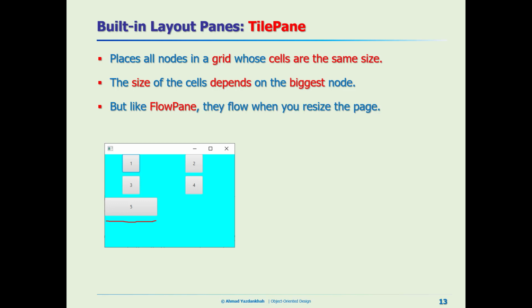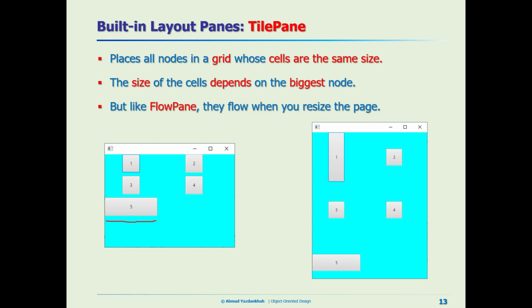All right, so here is another example. As I just explained, you see that this one is a little bit higher, the highest one. So the size of the grids will be adjusted based on the height of this and the width of this.